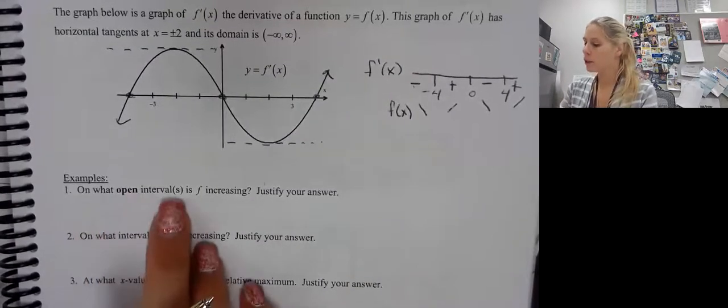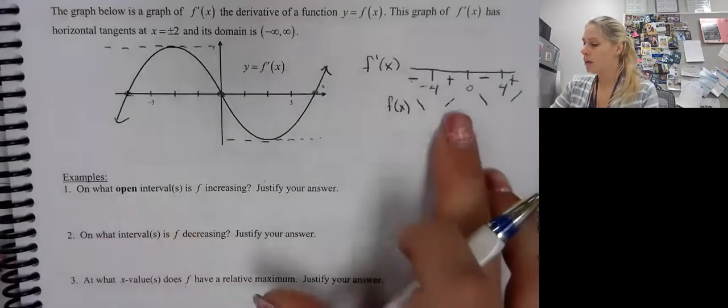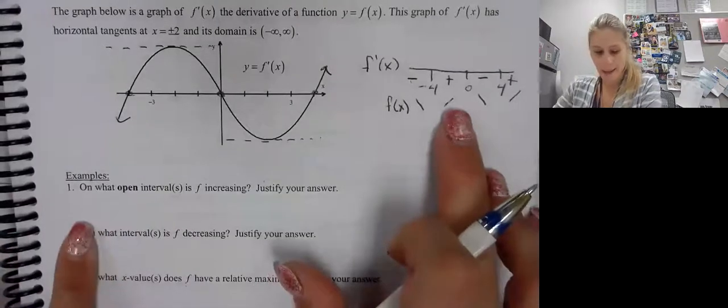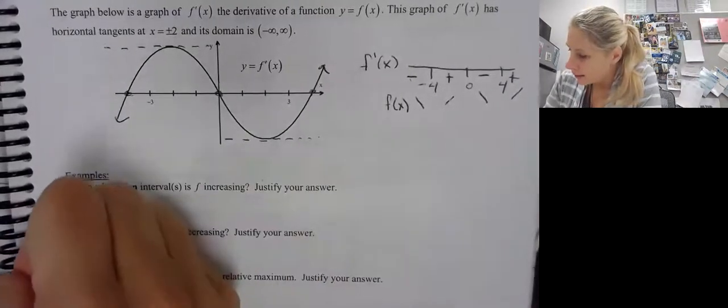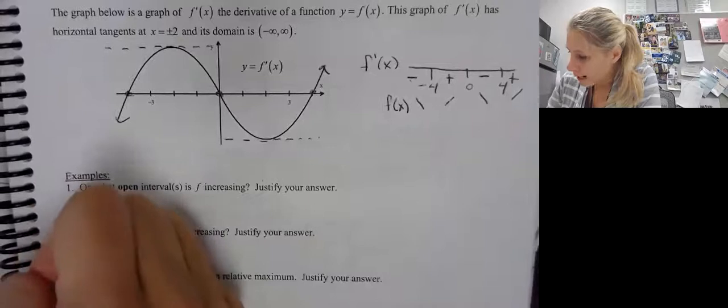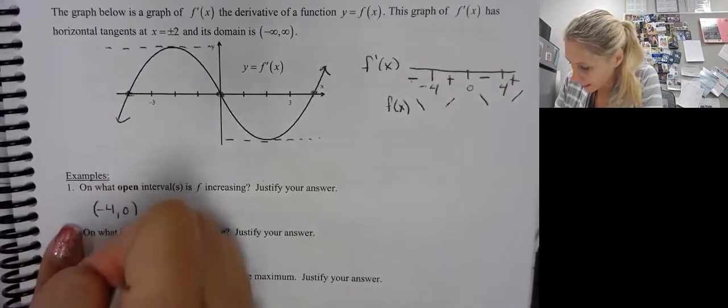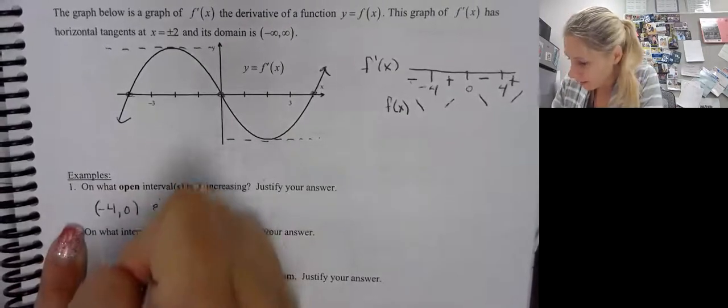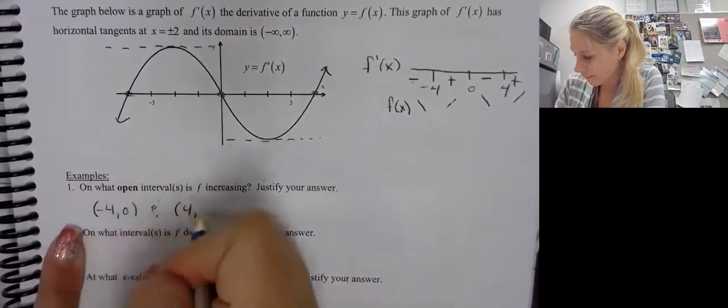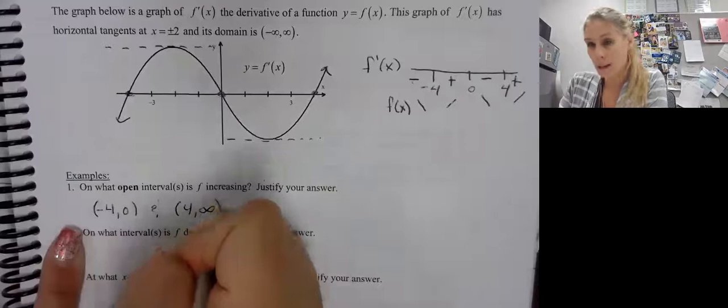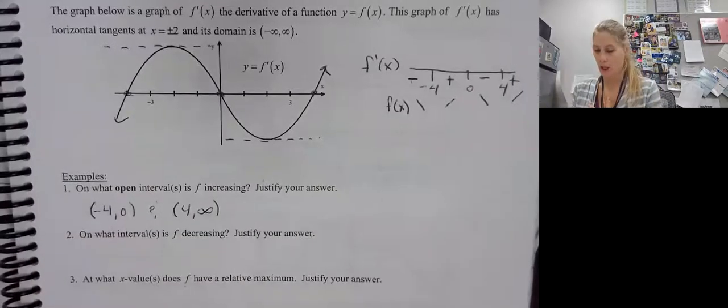On what open intervals is f increasing? Well, I go back to my sign ray, and I can say that it's increasing from -4 to 0 and 4 to infinity. Now, this is my answer, but I need justification.